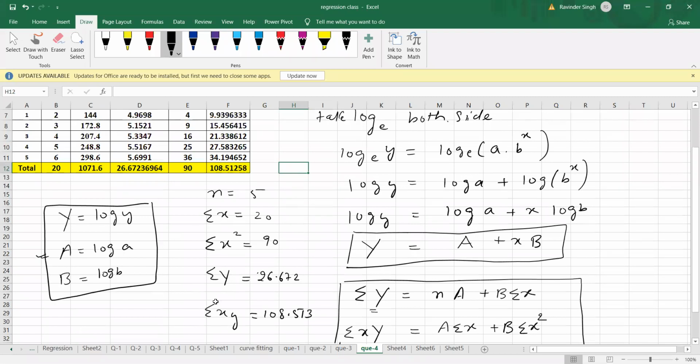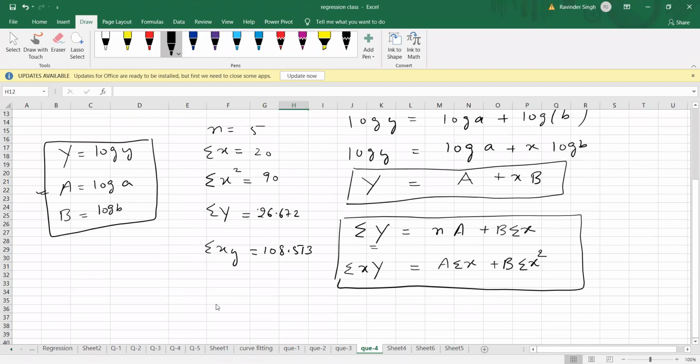Okay, done. So now I'll put this equation here. First I write n into A. The n value is 5, so this will be 5 times capital A plus B times summation of x. Summation of x is 20, so this will be 20 times capital B equal to summation of capital Y, which is 26.672.